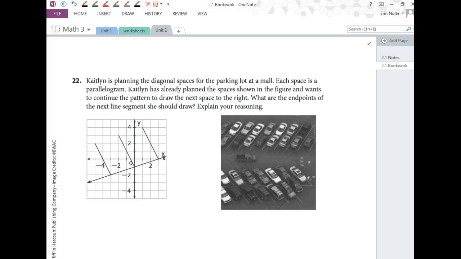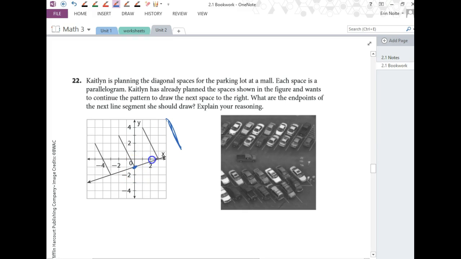She's already done this, so where are we going to draw the next line to the right? Okay, what are the two endpoints? Like, where are these landing?